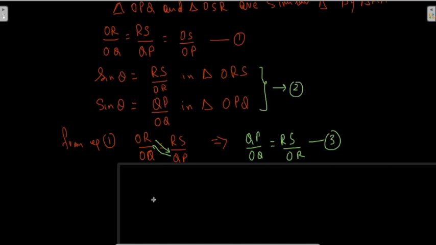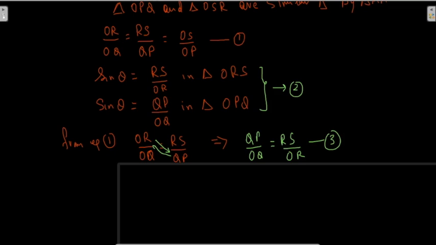Now you see, the value of sine theta here is RS over OR. But RS over OR is equal to QP over OQ, right? So this is nothing but QP over OQ. And QP over OQ is what? The value of sine theta. It means that the trigonometric ratios are the same for the same angle.